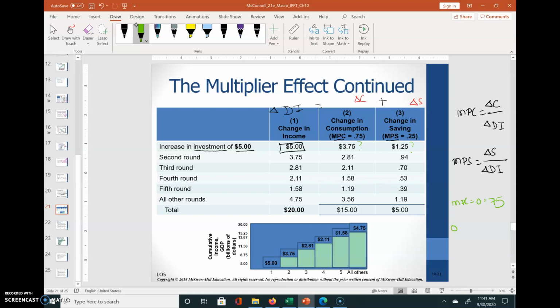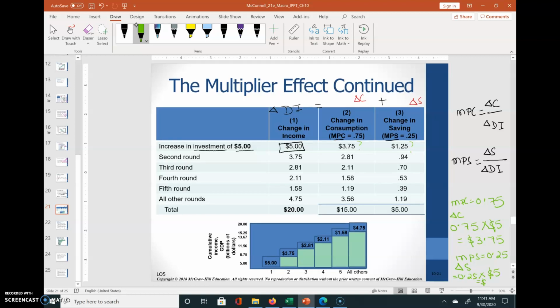That means the change in consumption is 0.75 times $5. This one is equal to 3.75. MPS is equal to 0.25. So the change in savings is equal to 0.25 times $5.